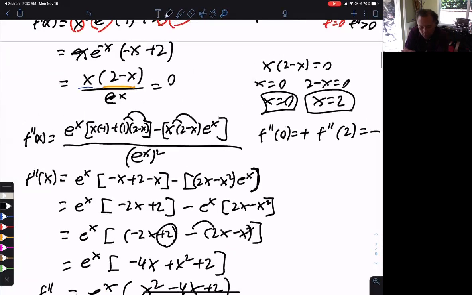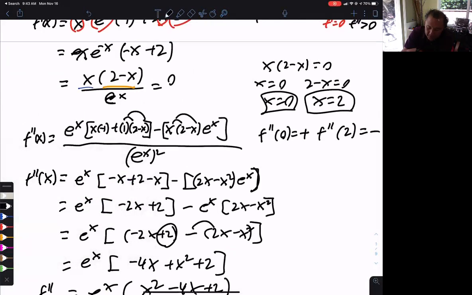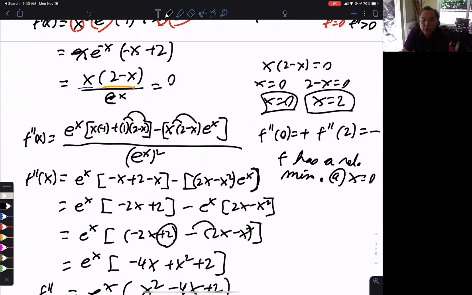So here we go. Our final answer. We see that the derivative is 0 and the second derivative is positive, meaning concave up. So that's a rel min. So we conclude f has a relative minimum at x equals 0.